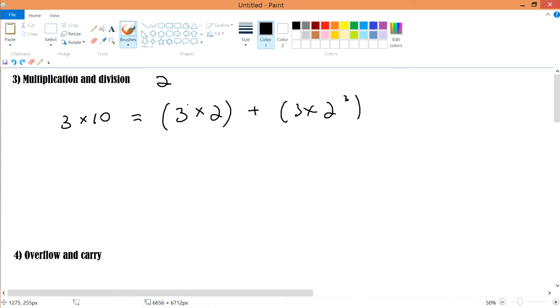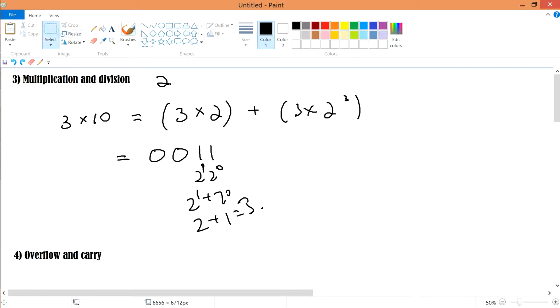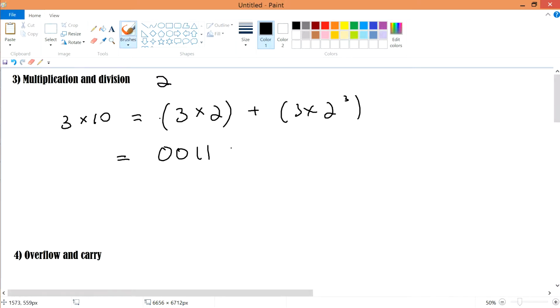So your 3 over here can be represented as 0, 0, 1, 1, because this is 2 to the power of 1 plus 2 to the power of 0, which is 2 plus 1, equals 3. So I can rewrite this as 0, 0, 1, 1 times 2.